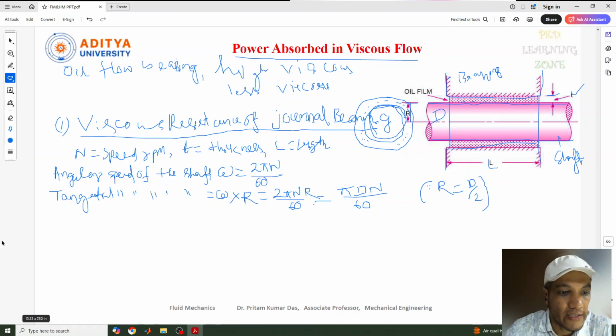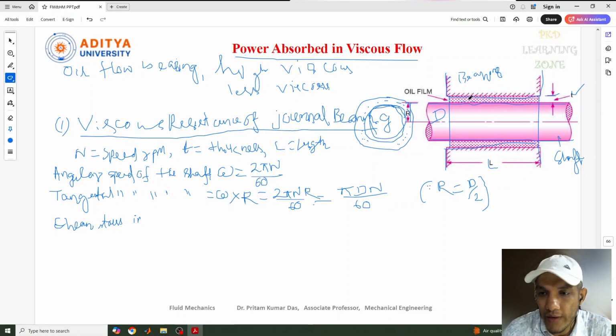Now we'll go for the shear stress. We'll calculate the shear stress in the oil, because the oil is offering the resistance here. We know the formula, tau equal to mu into du by dy, as per Newton's law of viscosity.